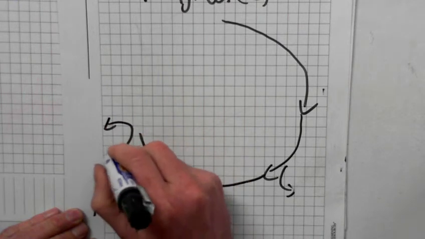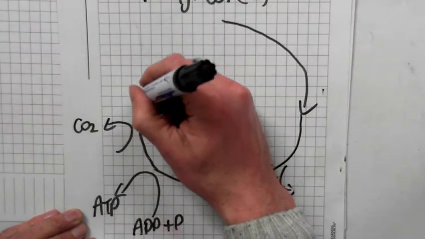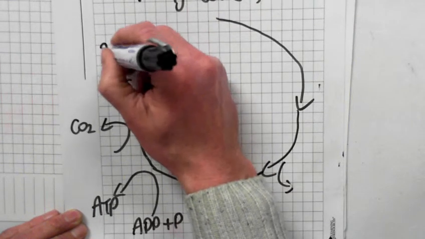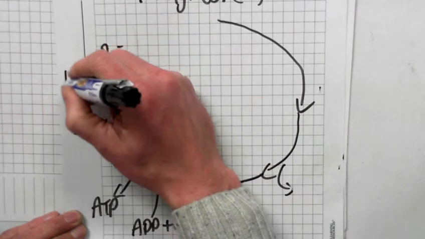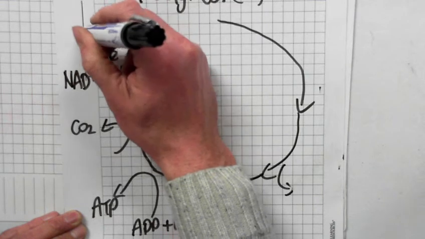So the carbon is released, combined with oxygen to form CO2. And you have 2 electrons. The 2 electrons and the hydrogen are picked up by another NAD plus to form NADH.